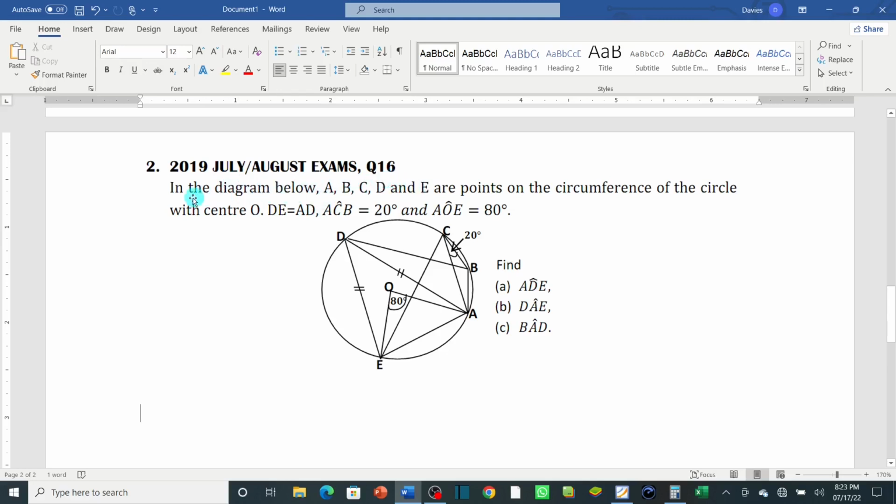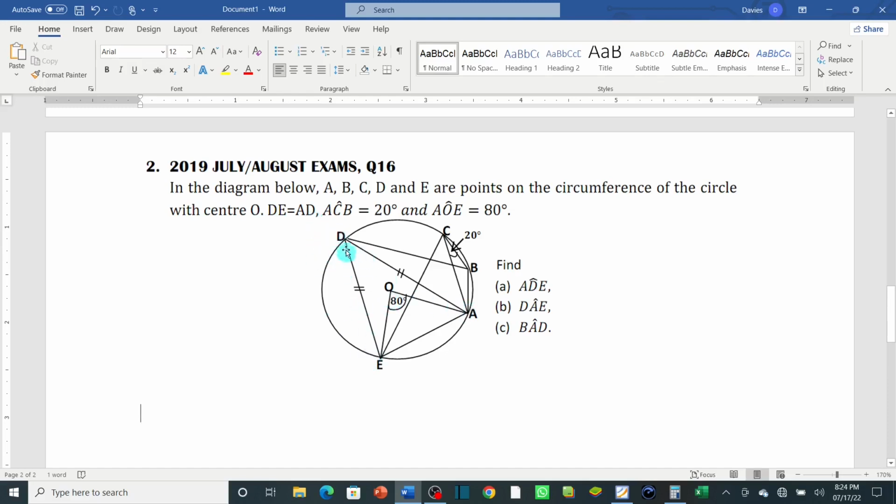They are saying in the diagram below, A, B, C, D, and E are points on the circumference. Again, similar. A, B, C, D, E are points on the circumference of a circle with center O. Then they're saying DE, this line DE, is equal to AD.